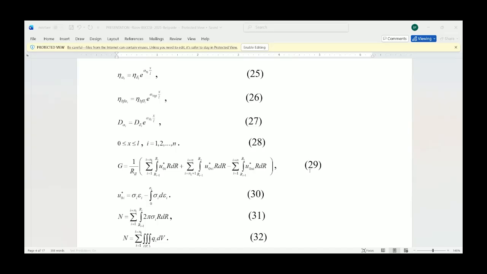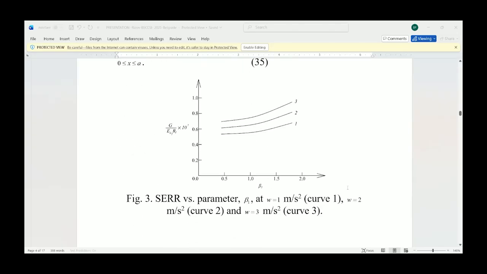The dependency of the strain energy release rate on the rod acceleration is investigated here. The relations between the strain energy release rate and various parameters of the theoretical model are studied too. These relations are presented in form of different graphs.